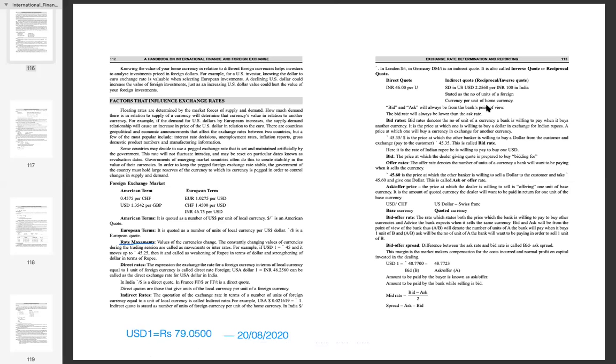Now tomorrow, if it is going to be USD 1 is equal to 79.0550 rupees, which means USD has appreciated in terms of INR, or INR has depreciated against USD.